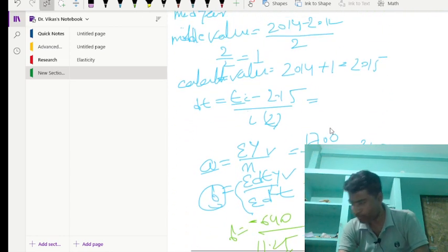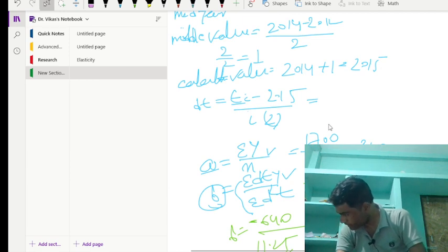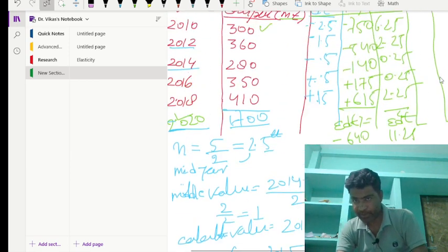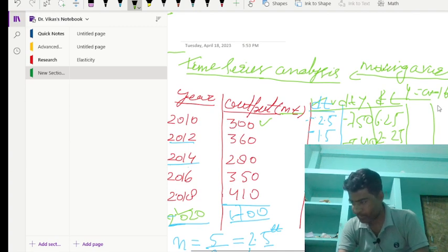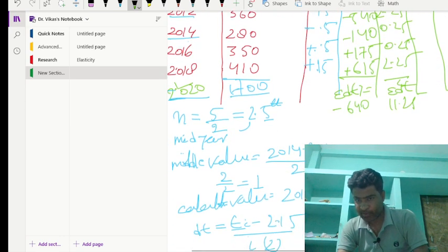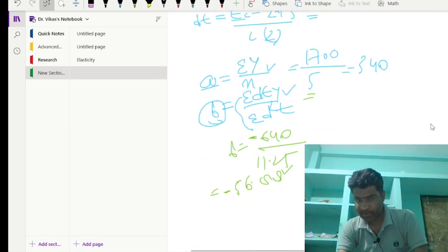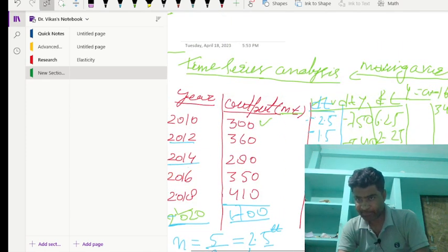We have got the average output 340, plus we have got the b value, that is minus 56.88, into dt. dt here for the first is minus 2.5.